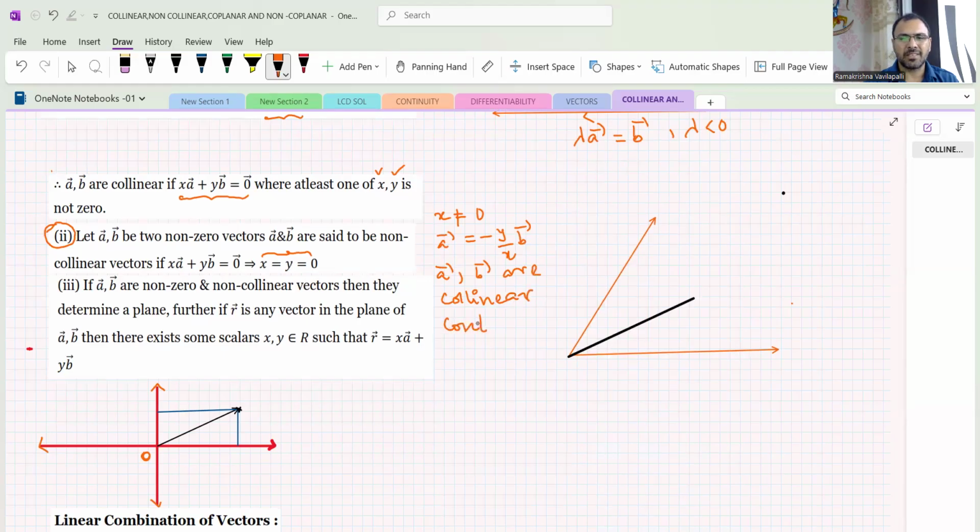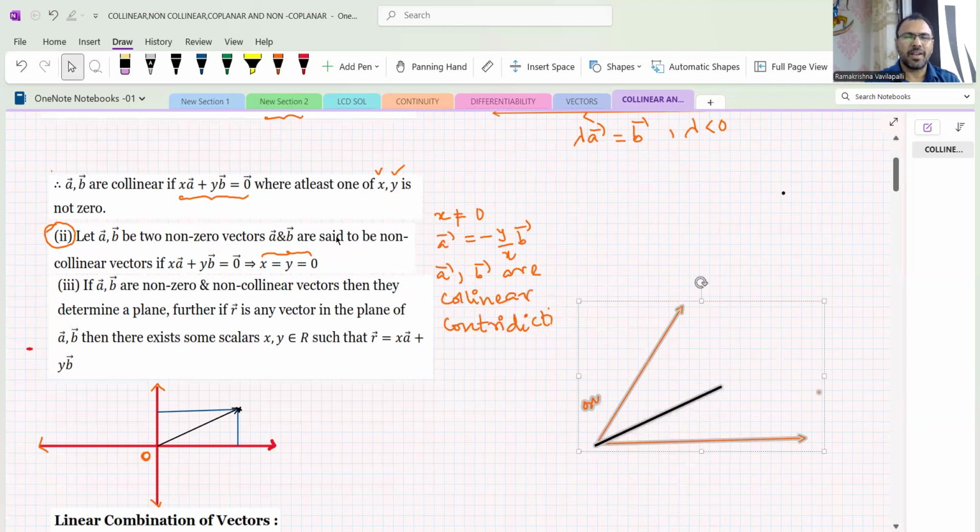That's why x must be 0. As it is a contradiction, therefore x equal to y equal to 0.